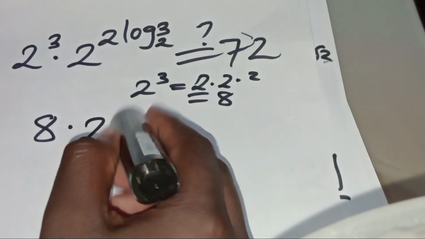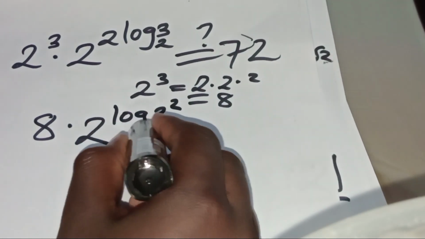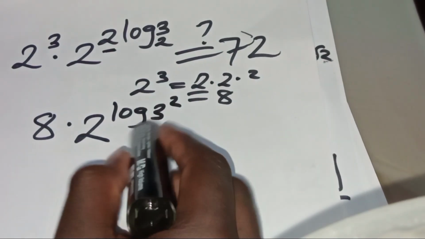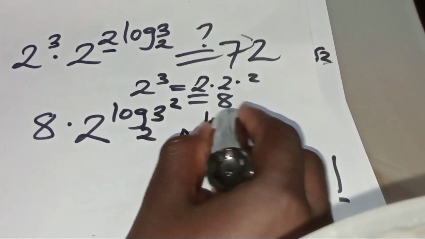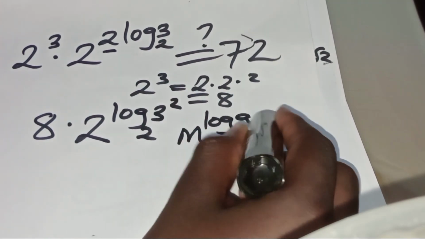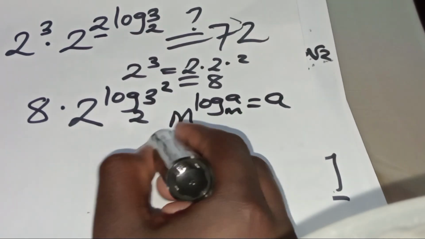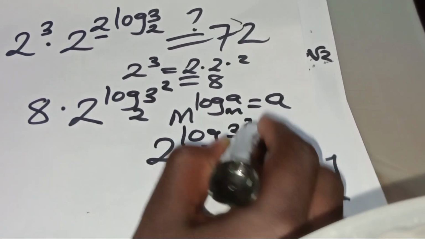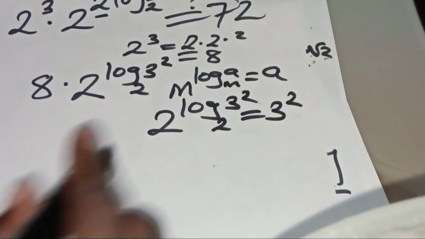This is the same thing as 2 to the power log 3 squared to base 2. This is the power, right? Now 2 to the power log 3 squared to base 2 is in the form of m to the power log a to base m, which basically is supposed to give us a value of a. That means 2 to the power log 3 squared to base 2 is supposed to give us a value of 3 squared, which is basically 9.